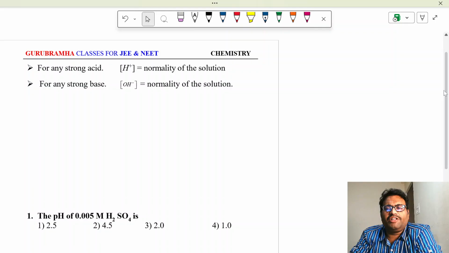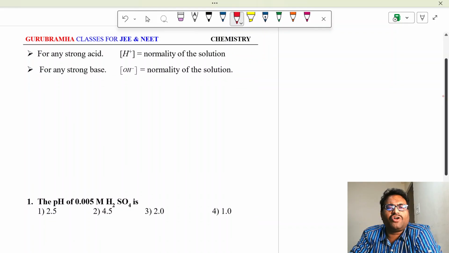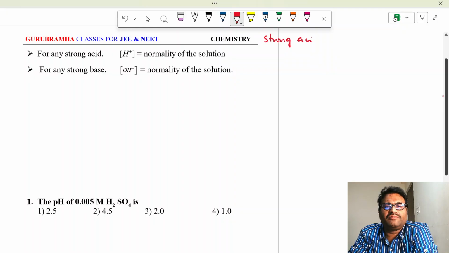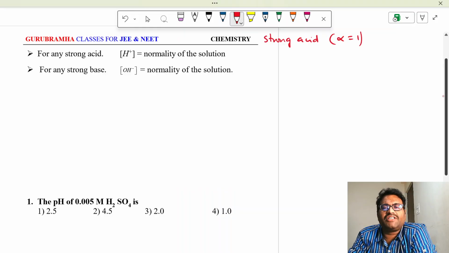We are calculating the pH of a strong acid or strong base. So here, for a strong acid, alpha will be equal to 1. What is alpha? Already we have studied that it is the degree of dissociation.